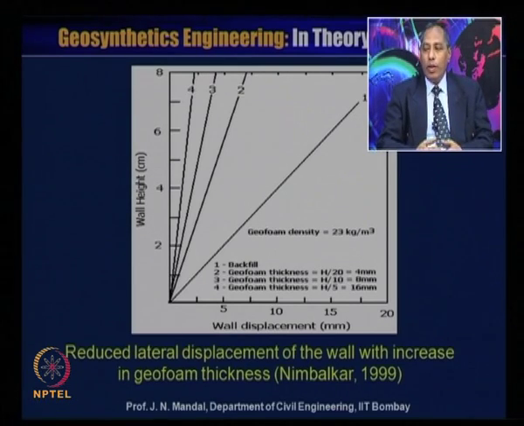So if the height of the wall is 8, then 8 by 20 gives 4 millimeter. Next, in case 3, the geofoam thickness is H by 10, that means 8 by 10 gives 8 millimeter.